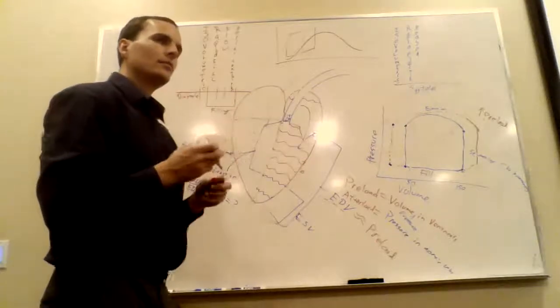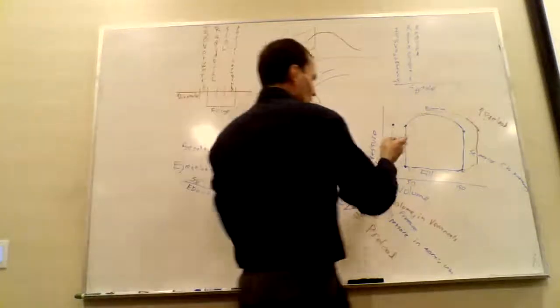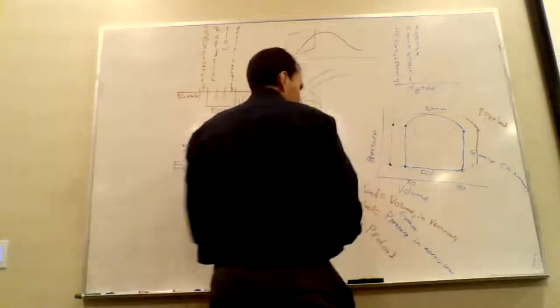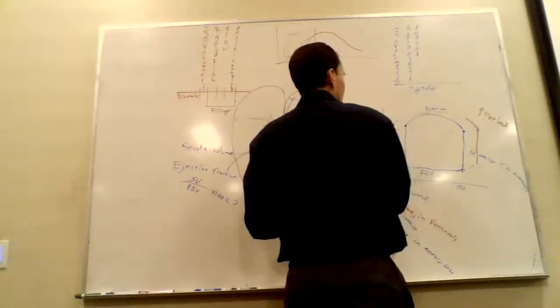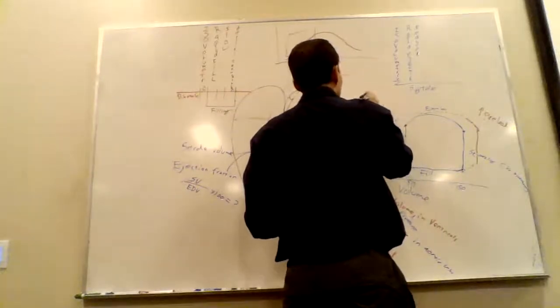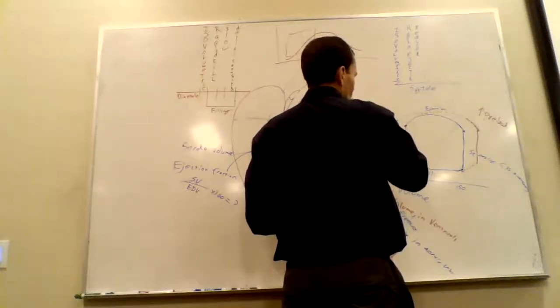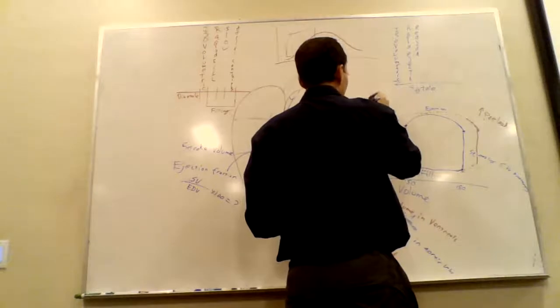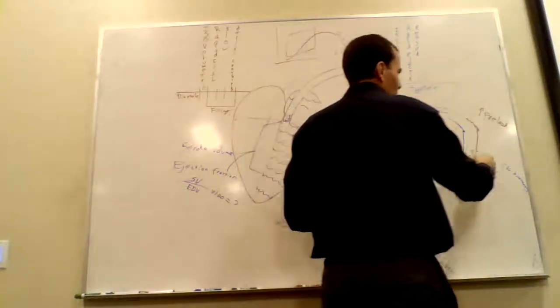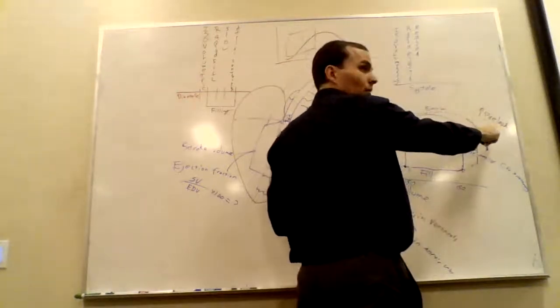And what's the blue dotted or the purple dotted one? The purple dotted one, this is increased contractility. This one is you fill it and so it recoils back. That's preload.